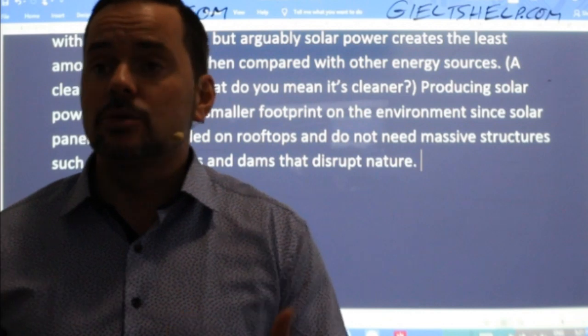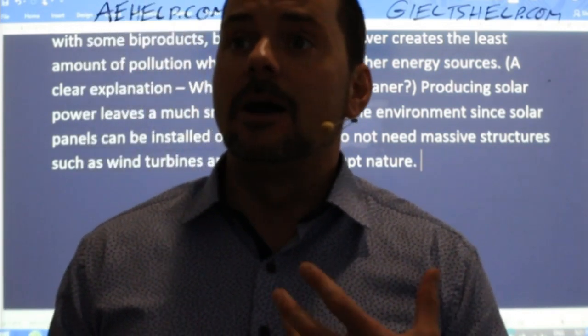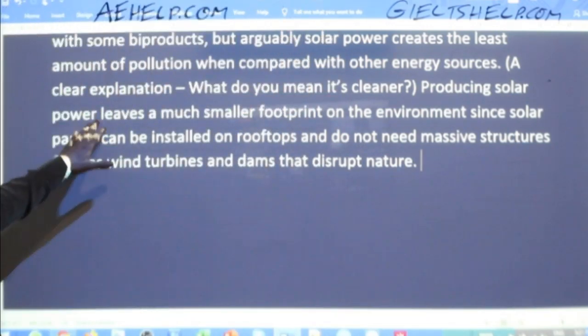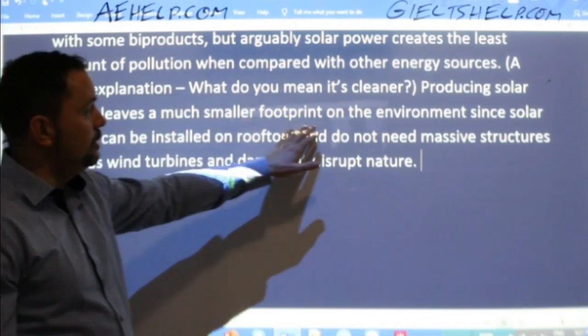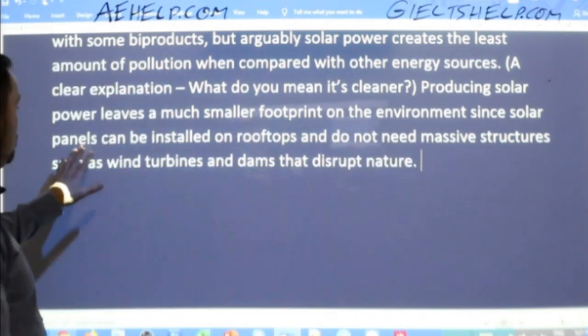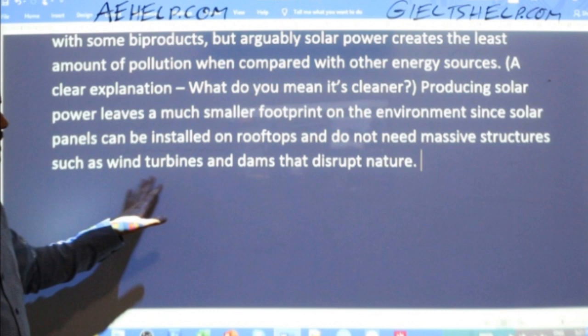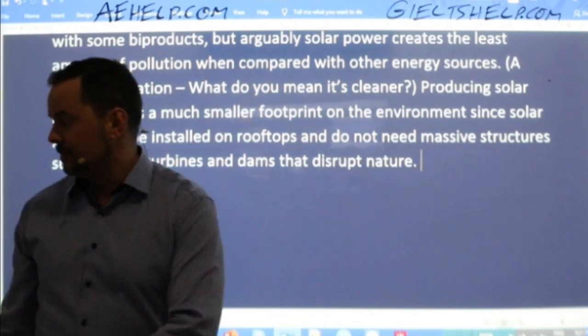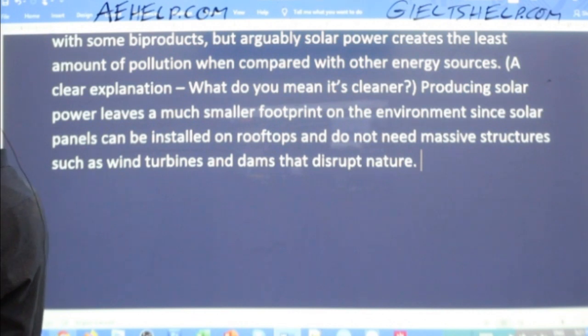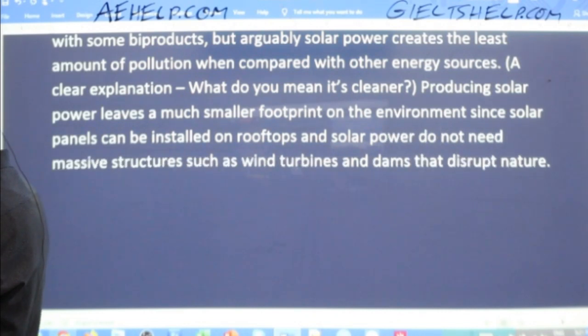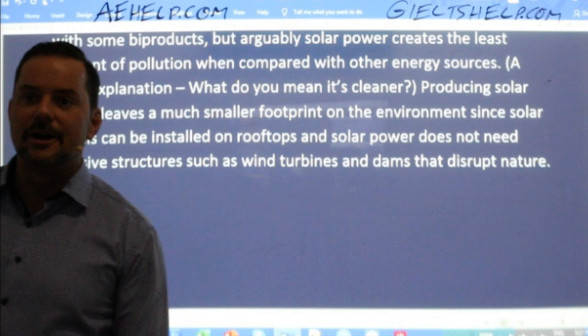Nonetheless, I know that's what you're referring to by saying gigantic structures. So that's clear for me. Producing solar power leaves a much smaller footprint on the environment since solar panels can be installed on rooftops and do not need massive structures such as wind turbines and dams that disrupt nature. There, that's a little bit clearer that way.